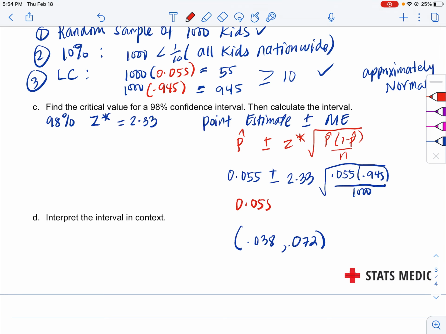So let us solve this one first, 2.33 times the square root of 0.055 times 0.945 over 1,000, and we are going to get 0.0168. Then you just go 0.055 plus 0.0168 and 0.055 minus 0.0168.